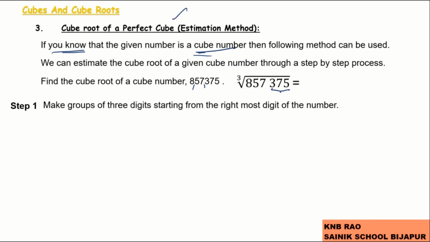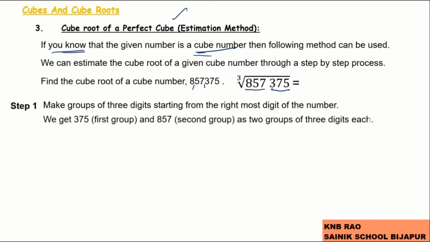So this is one group, this is another group. After marking groups of 3 digits starting from the rightmost digit, step 2 will come. So here 375 is the first group and 857 is the second group.